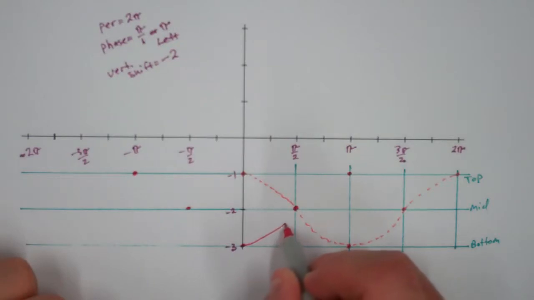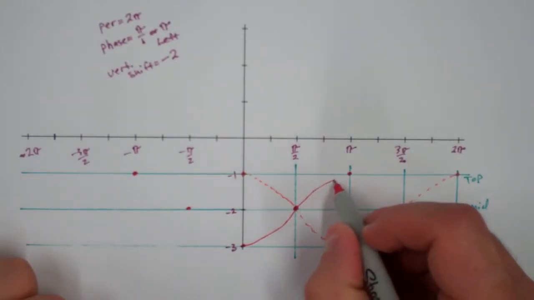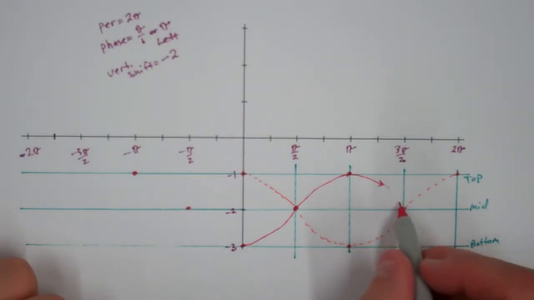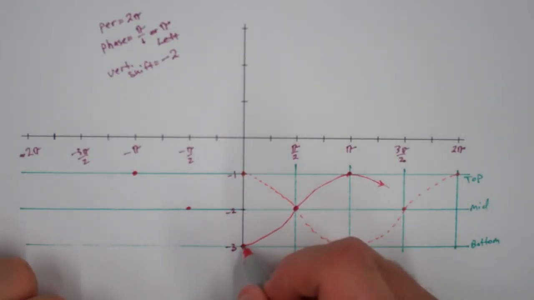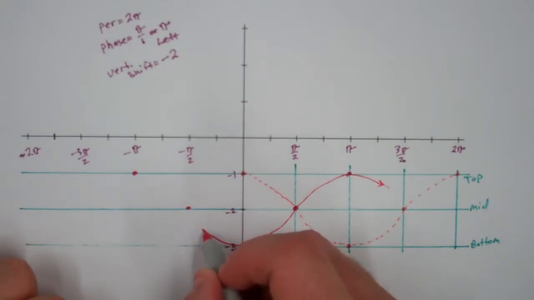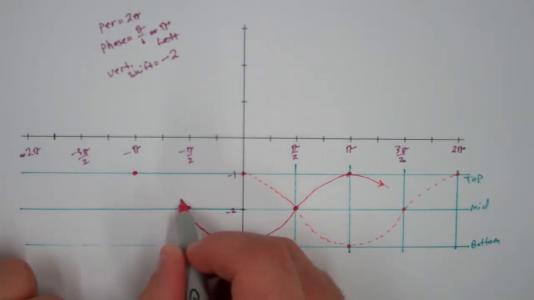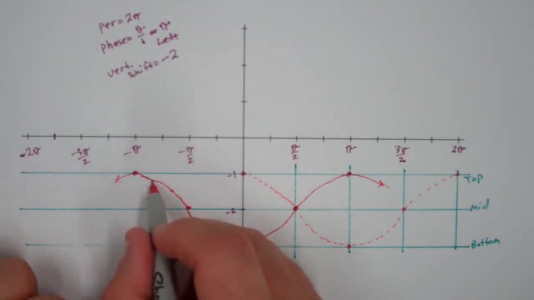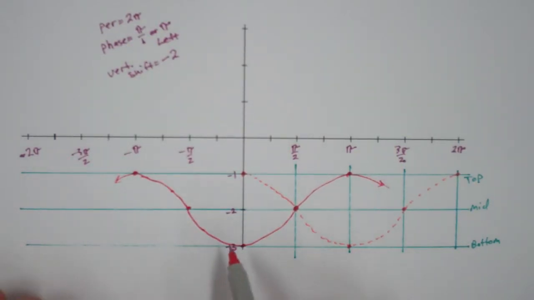What this allows us to do now is just connect the dots in a nice curved fashion. You could totally continue this and keep going. Most times though, you're just going to need to show one full period, so this one will be enough right here. The one in red, that is the solution.